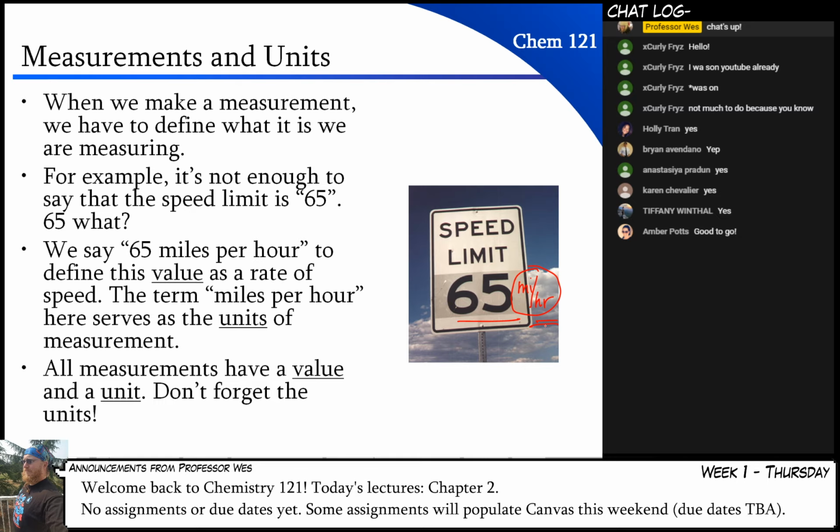When you report numbers to me in a quiz or an exam or some sort of worksheet, if you report only the number, the answer gets marked incorrect. It's very important that you report your measurements with both parts. The number seems to be the important part, but the unit is what conveys the information to the person you're giving this number to.